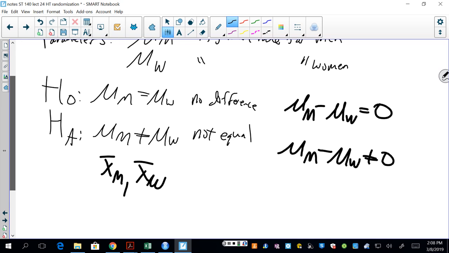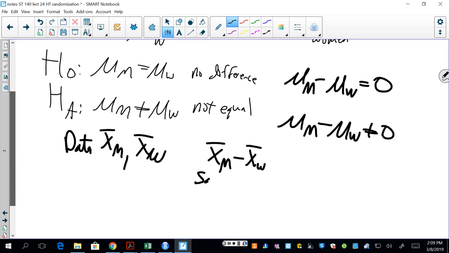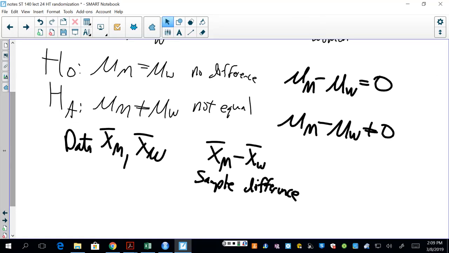And so we're going to get data to evaluate this, and we're going to look at the sample differences of men versus women.